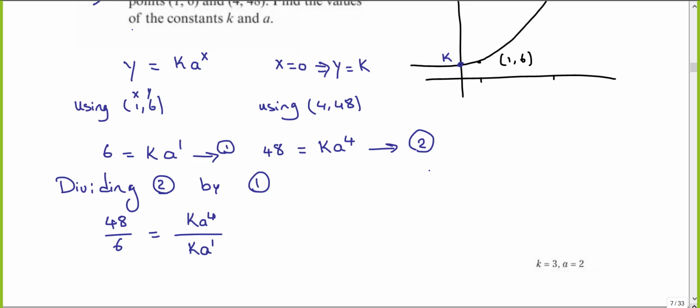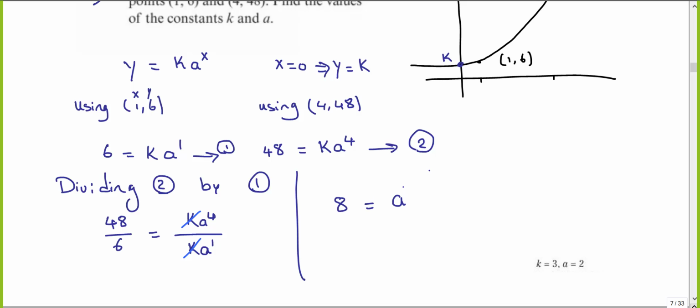Yes, k will cancel out. This is the nice thing about division. And 48 divide 6 is 8. And here you have a to the 4 divide a to the 1. How to simplify this? So it will be a cubed.